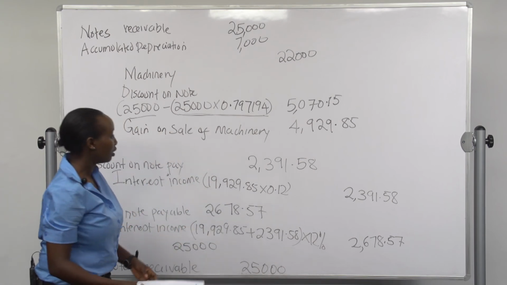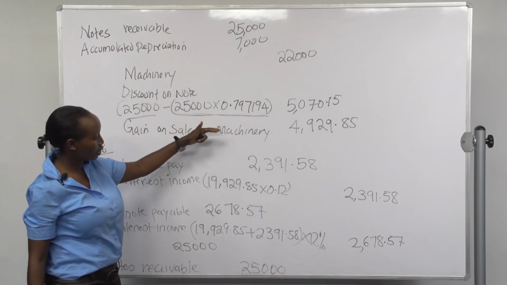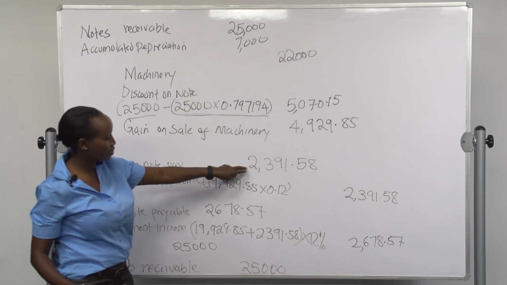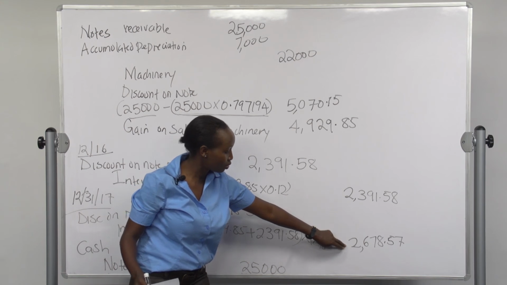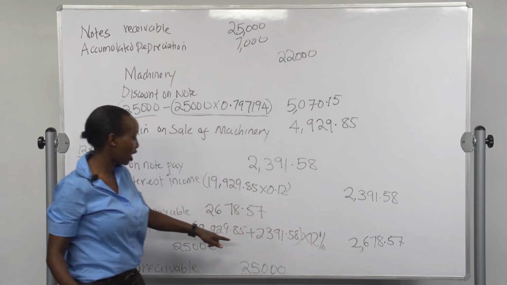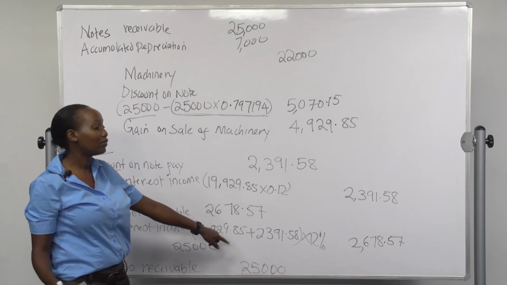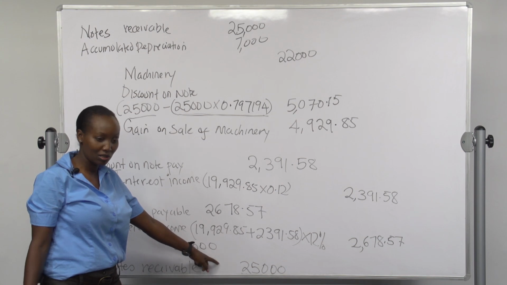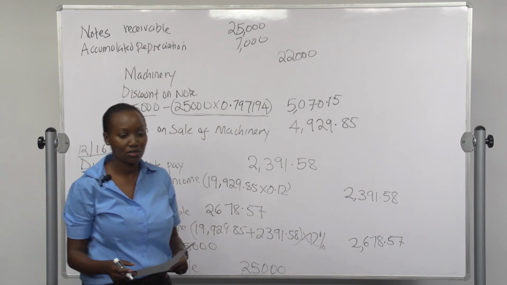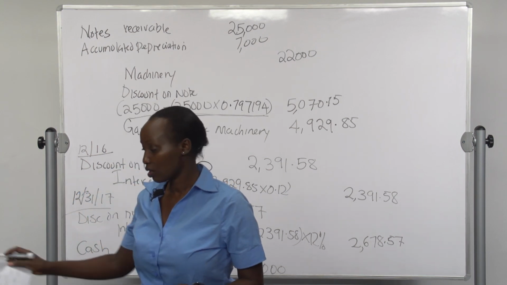Note that the original amount we recorded, 19,929.85, plus the two amortizations, 2,391 and 2,678, makes it 25,000. So this will clear out of our books once we post that. That's it for the requirements for this problem.